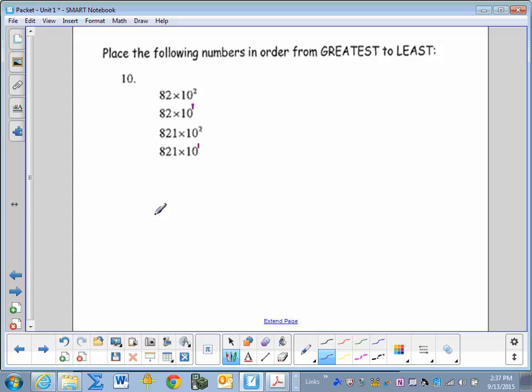And 2 is a bigger exponent. So 821 times 10 squared is going to be bigger. And then we're going to have 821 times 10 to the 1. And then we're going to look at the other ones. We have 82 times 10 squared and 82 times 10 to the 1. So 82 times 10 squared is greater than 82 times 10 to the 1.